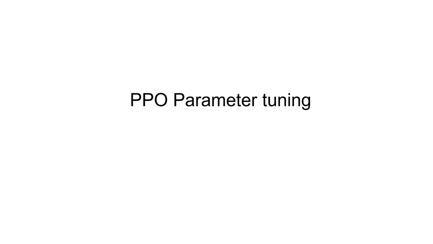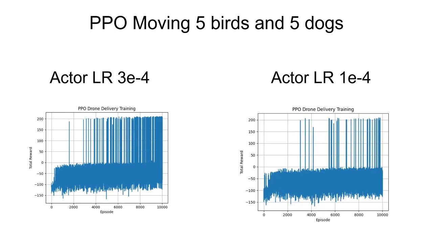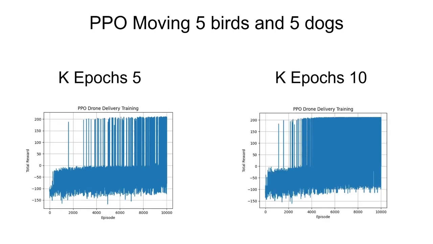Then we started changing the parameters to see how they influence the training. The first parameter that we changed is the number of hidden layers. However, this didn't influence the training that much, and I think this is because the environment is not that big. I also tried to change the parameter of the actor, and still didn't get better results.